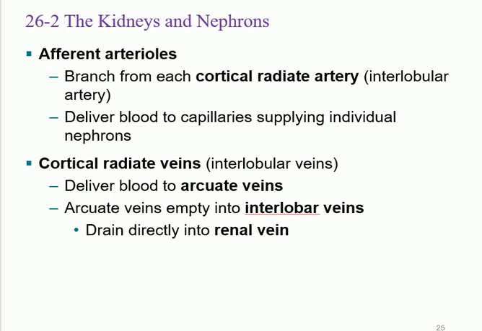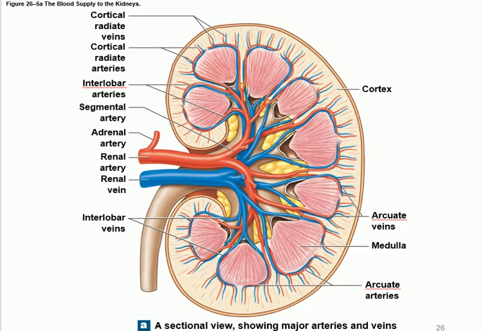This is afferent. Go to the glomerulus and then the efferent. Anything after that is the same. So you will have cortical radiate and arcuate and then interlobar, but just the opposite. Interlobar, segmental until you go to the renal vein. It's everything but upside down.